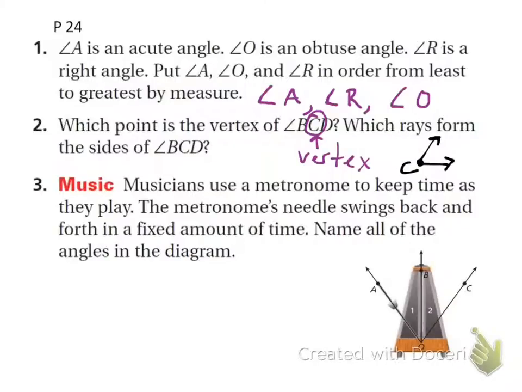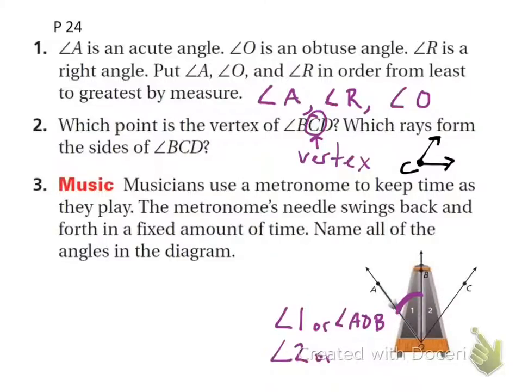Alright, number 3. We're basically just going to name all of the angles that we have in this diagram. There are actually 3 angles: angle 1, angle 2, and then the entire angle, angle AOC, and I'm going to write those out. Angle 1 you could also call angle AOB. If you follow the letters A to O to B, that makes the angle.